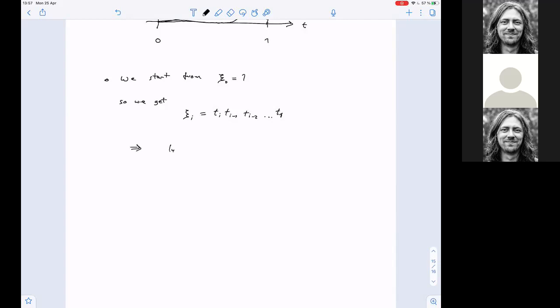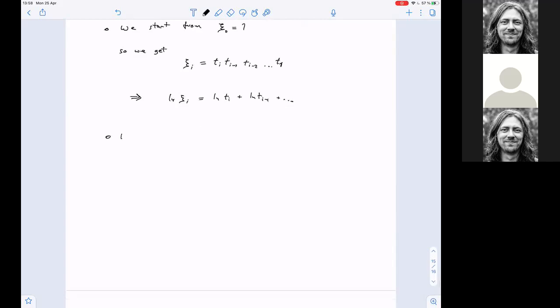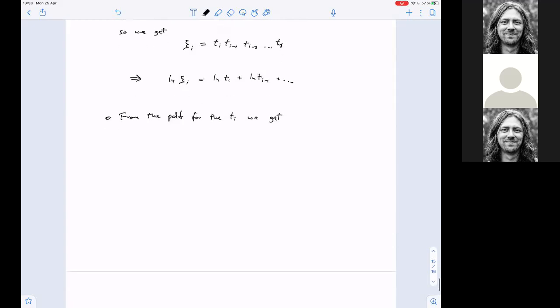You can take the logarithm. Then this, of course, just becomes the sum of the logarithms of t_i, t_i minus 1, etc. And from the PDF for t_i, we can then get the expectation value and the variance for these t_i variables, or rather the logarithm of these t_i variables.